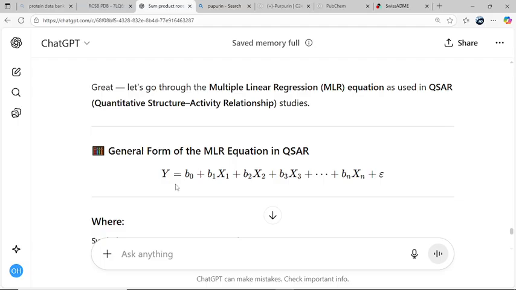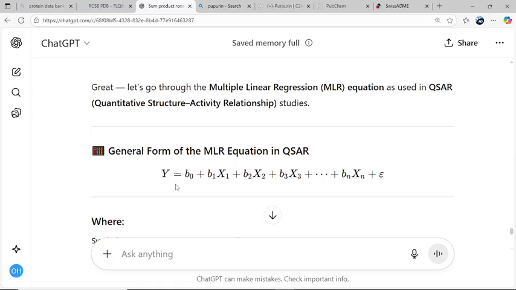The formula on the screen is the multiple linear regression. Y is the output, and the S is the input variable. The formula just needs you to get the B's. These B's are your coefficients.